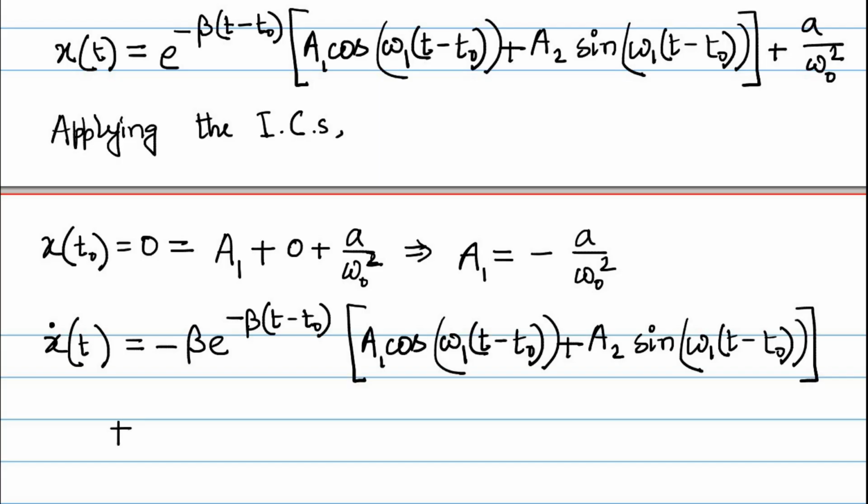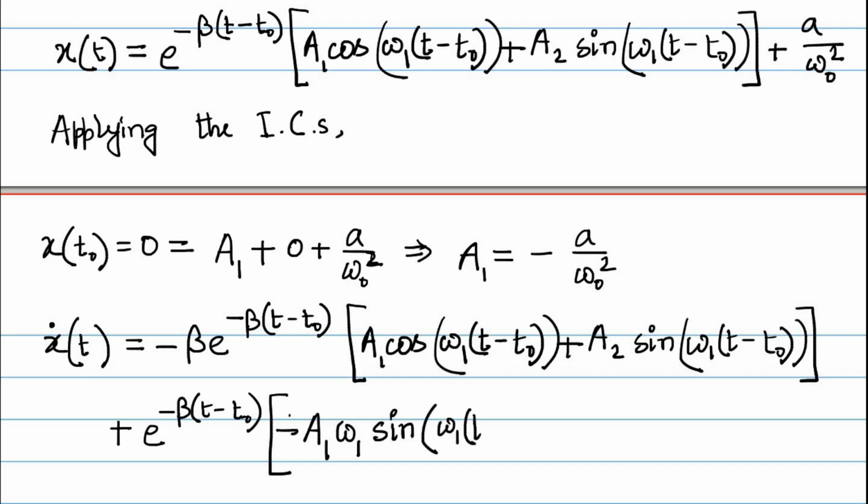Okay, so the next term, e to the negative beta times t minus t naught, let us keep this untouched, and inside we take the derivative. So what do we get? We get negative a1 omega 1, and then instead of cosine, sine of omega 1 times t minus t naught, the ordinary way of taking the derivative.